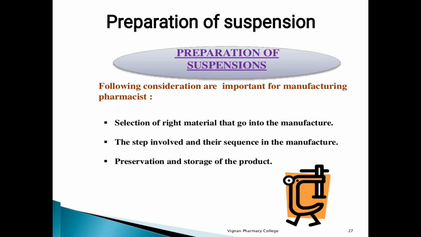Now, preparation of suspension. The following considerations are important for manufacturing: selection of the right material that goes into the manufacture, the steps involved and their sequence in the manufacture, and preservation and storage of the product.